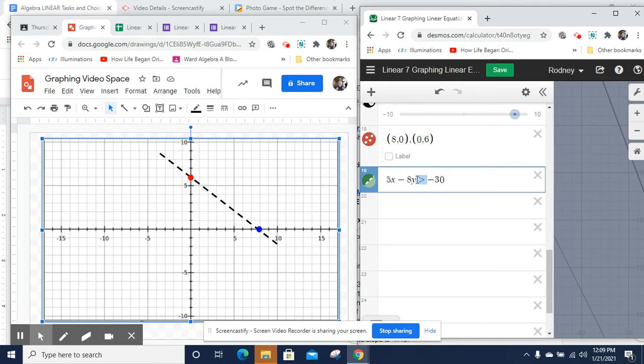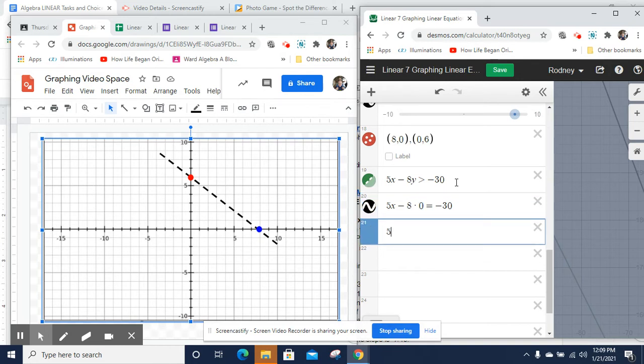When I do the boundary line, I'm going to treat that as an equation. So let me copy that, paste it, and make that equal. And to find out the X-intercept, I make Y equal to 0. So Y becomes 0, and we don't care about that. So it becomes just 5x is equal to negative 30.